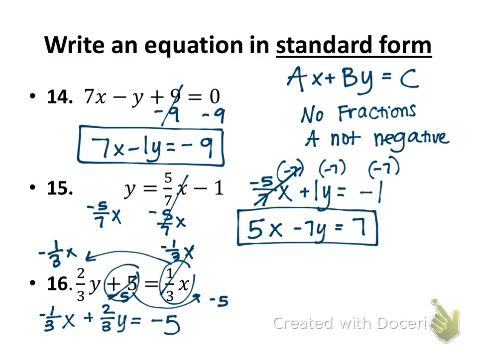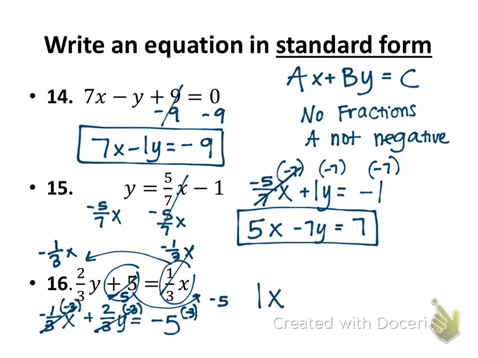So now let me look at my rules. Are there fractions? Yeah. Is a negative? Yep. So what would I have to multiply by to make it a positive and get rid of the fraction? Negative 3. And I multiply everything by negative 3. So then the 3's cancel out, and I'm left with 1x.